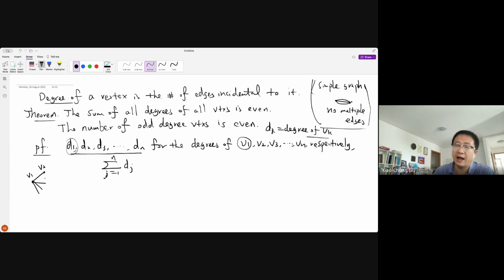So exactly every edge is counted twice. So this sum is always equal to 2m, where m is the number of edges of the graph. Okay? So in particular, it's an even number.